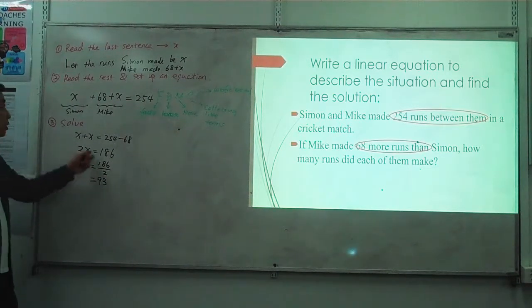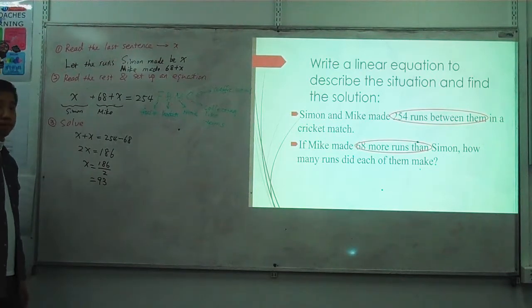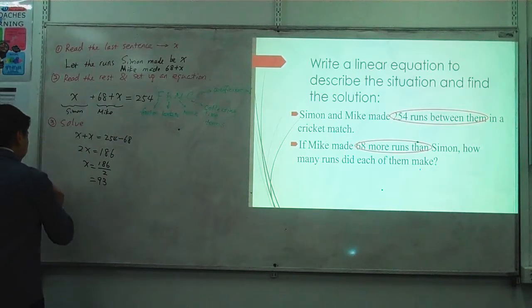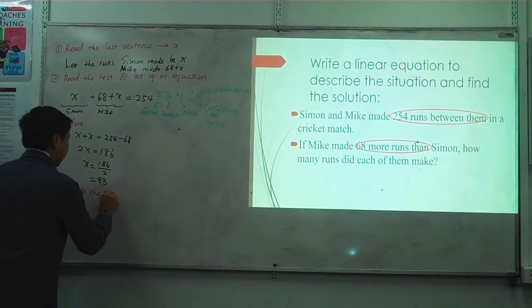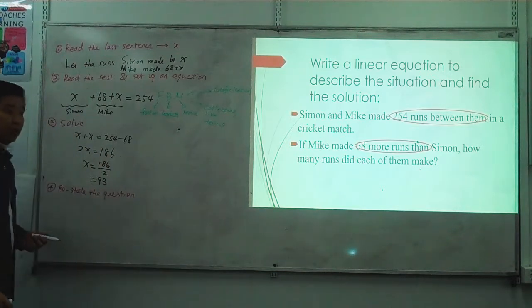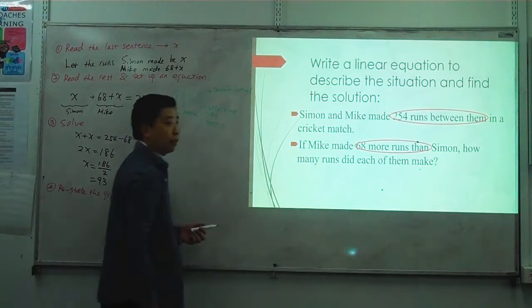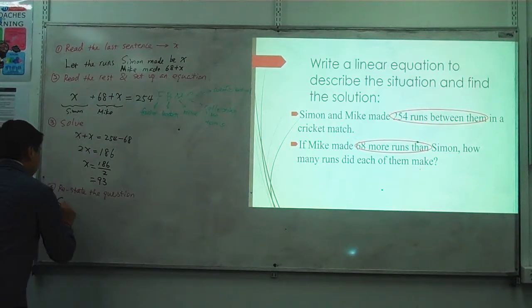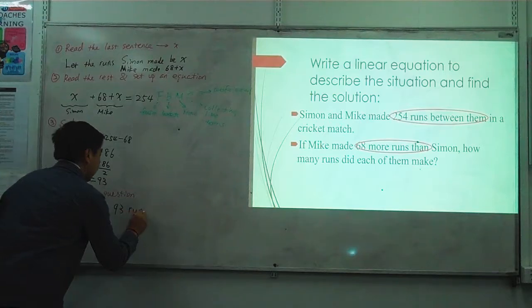Which means Simon made 93 runs. So the last step, we have to restate the question. The question asks you to find out how many runs did each of them make. So we have to write Simon made 93 runs.